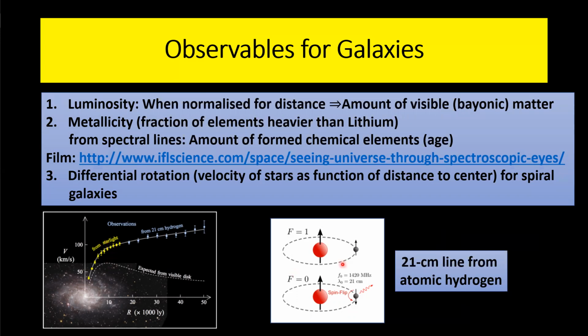Or further out, we use this 21 centimeter line again. The proton is rotating, makes a spin, and the electron too. If they are aligned, this is slightly less energetically favored than if they are anti-aligned. And if it flips from aligned to anti-aligned, the 21 centimeter line gets emitted, which can then be used to get the rotational profile.